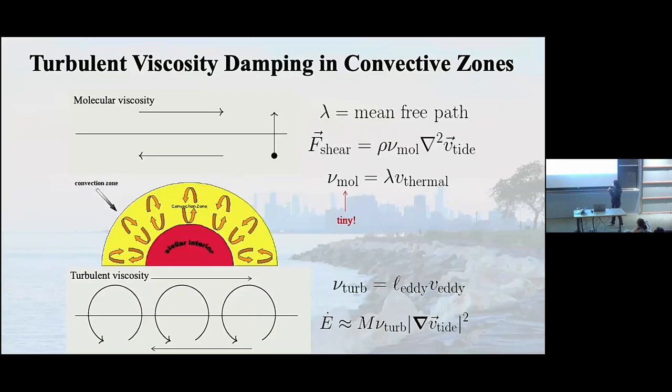Because of those eddies, the relative motion between the hot and cold layers is also slowed down. To calculate the turbulent viscosity, we use the size of the eddies times the eddy velocity. Because the size of the eddies is much greater than the mean free path of a molecule, the turbulent viscosity in the stellar convective zone is very important in damping tides.